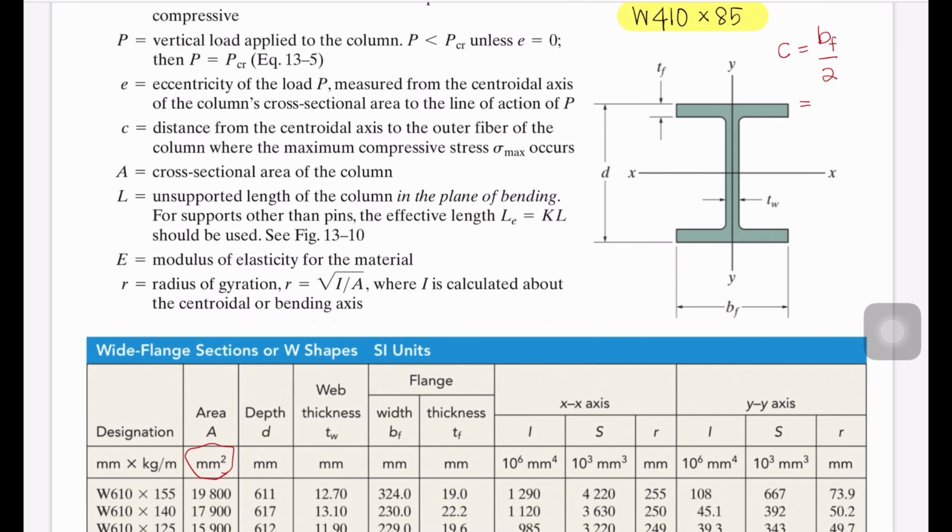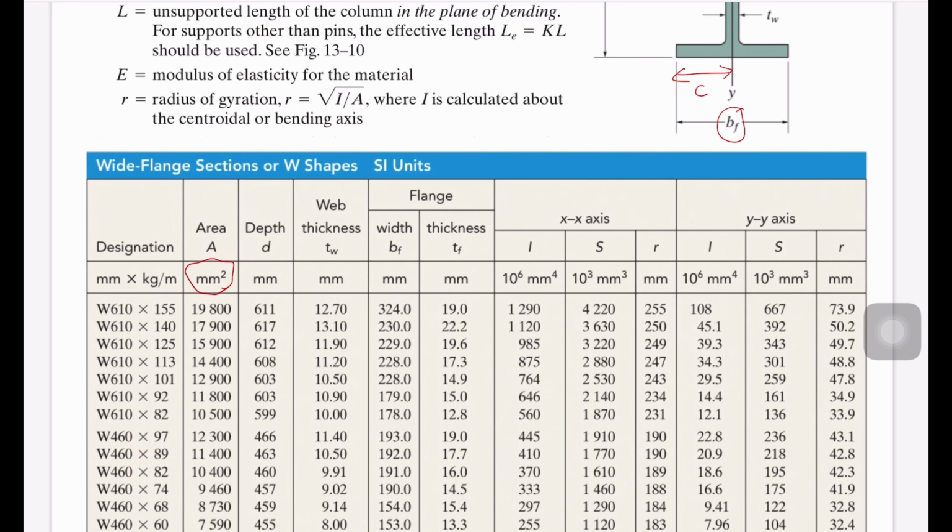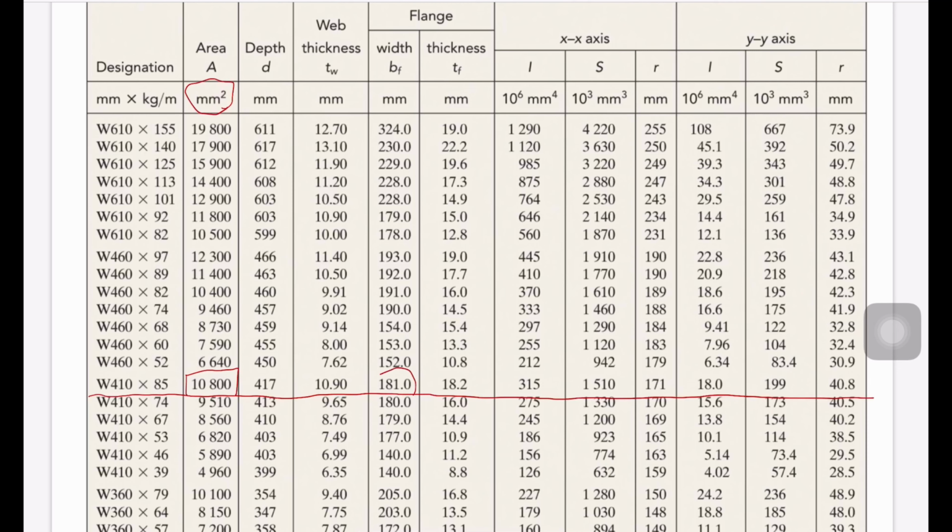This is on the y axis, because this is BF, so divide by 2, so C is only this one. This is your C. Take 181 divided by 2.